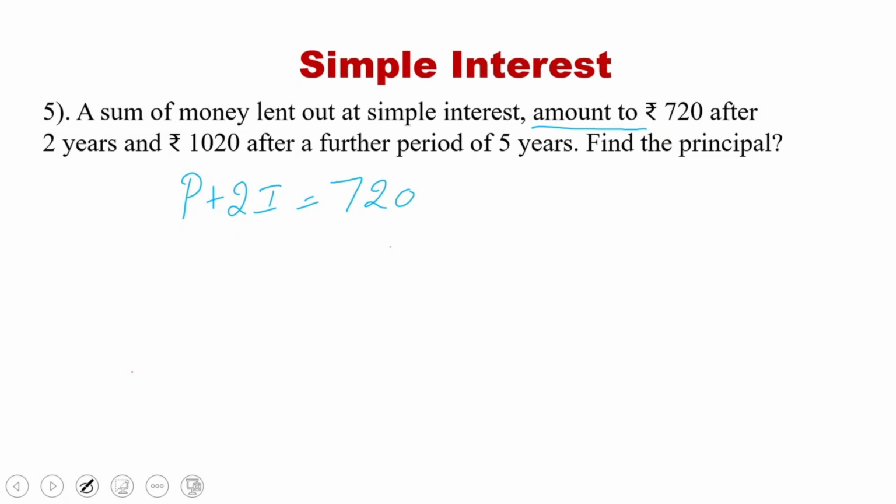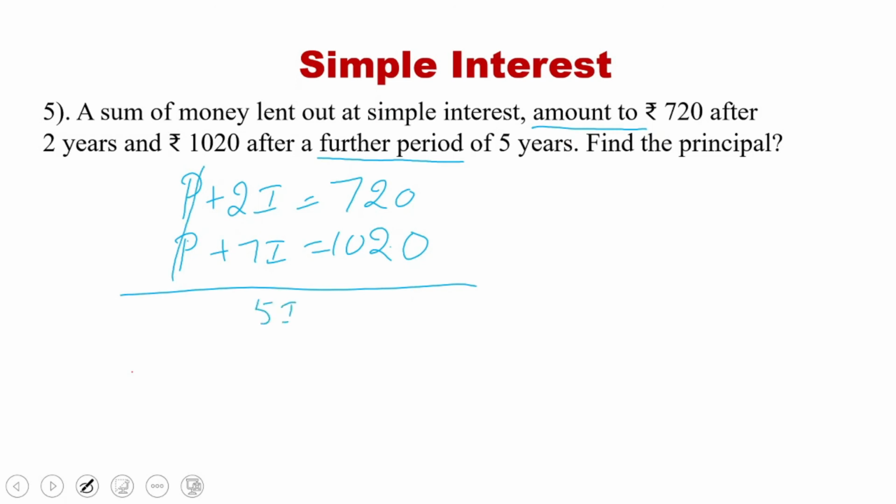And 1020 after a further period of 5 years. After a further period of 5 years means 2 years plus 5 years, total 7 years. So P plus 7I equal to how much? 1020. Take the difference of these two. Principal is cancelled.